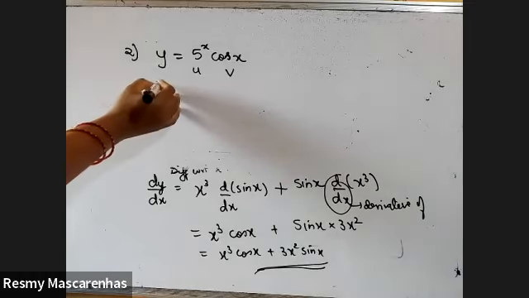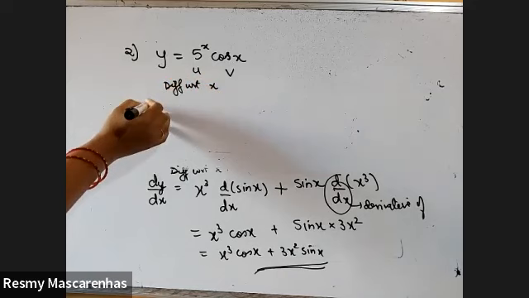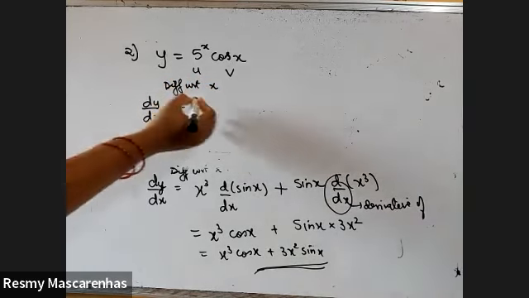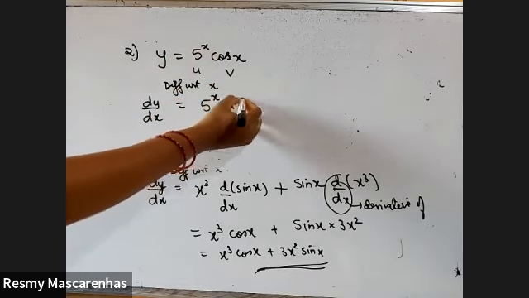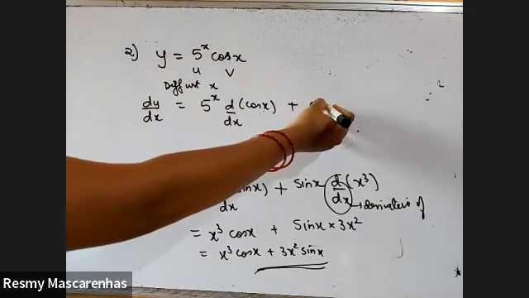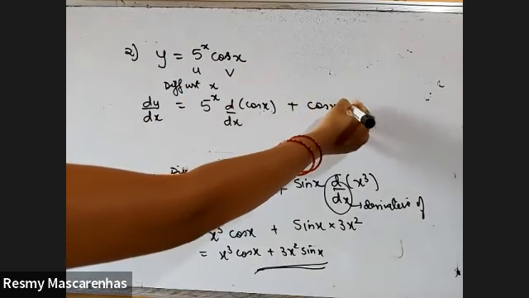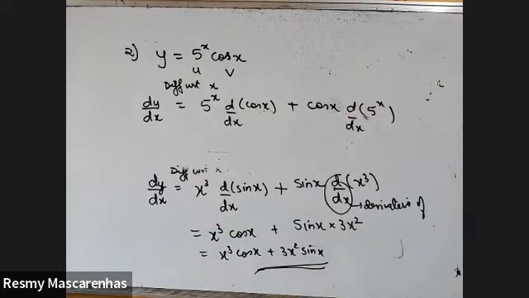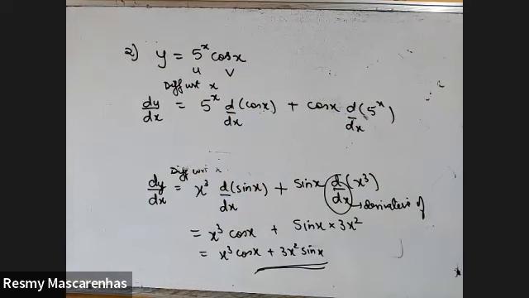Now I have to take dy by dx. Pi raised to x, copy paste as it is. Take the derivative of the second fellow. The middle sign is plus. Copy paste the second one outside. Take the derivative of u. u into the derivative of v plus v into the derivative of u.